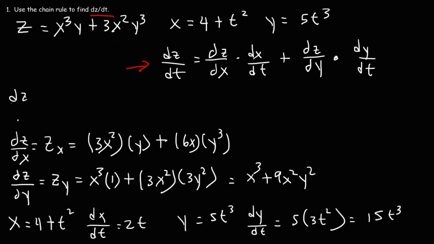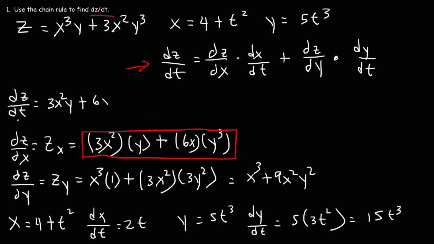dz/dt, that's going to be the partial derivative of z with respect to x. So that's everything that we see here. That's going to be 3x squared y plus 6x y cubed. Next, we're going to multiply that by dx/dt, which is, here it is, 2t.